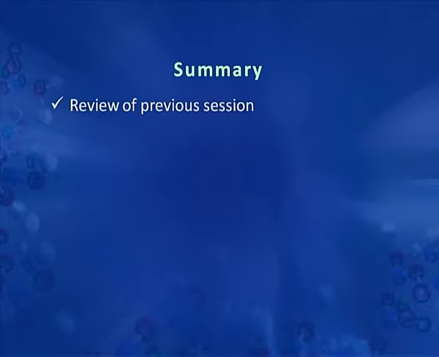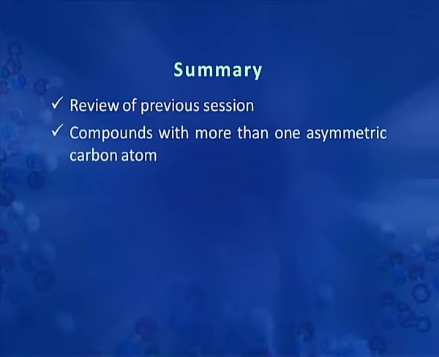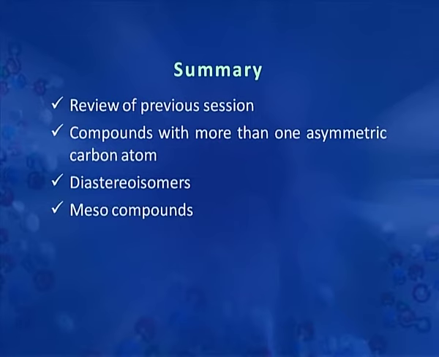Today, we first reviewed the enantiomers that we had discussed in the previous session. Then we discussed how many isomers are possible with compounds containing more than one asymmetric carbon atom. We talked about diastereoisomers and meso compounds.